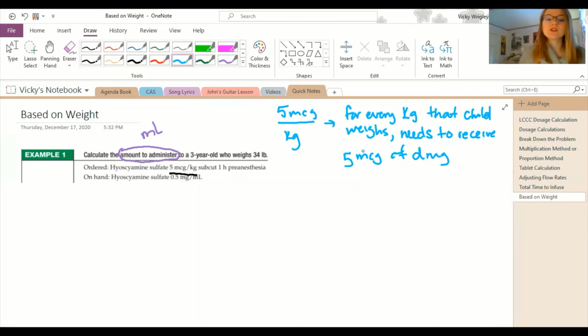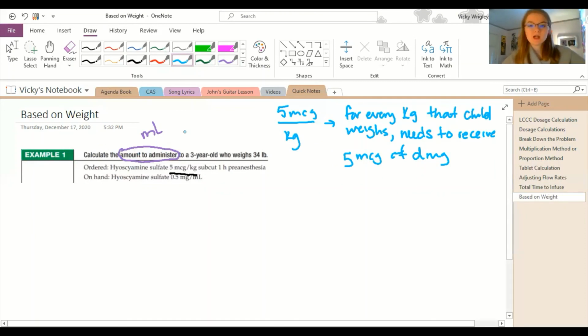So this here is a conversion factor, right? Because it's giving you a relationship between 2 different units, micrograms and kilograms. So we need to find out how much of the drug the child needs to receive based on his or her weight.